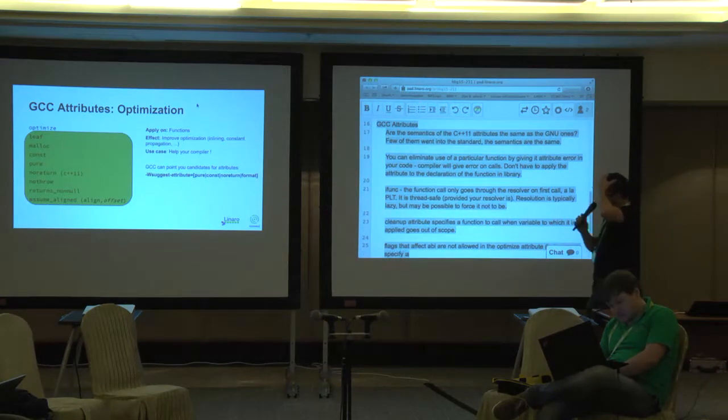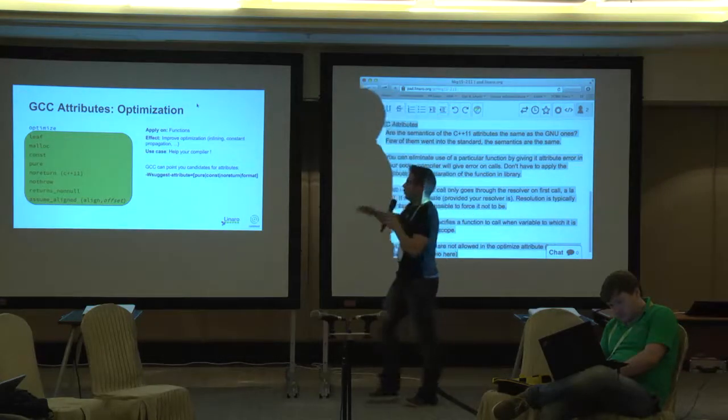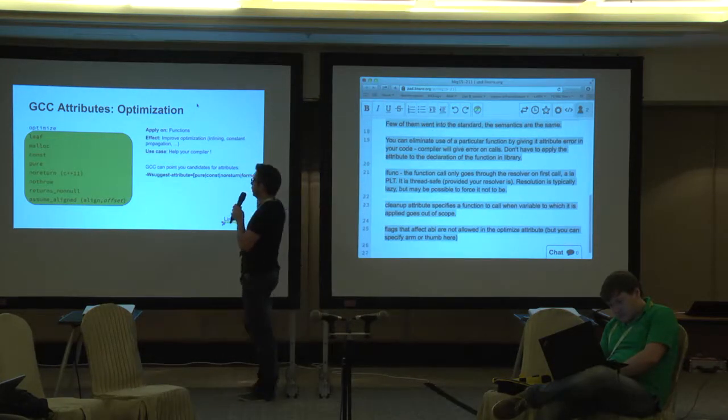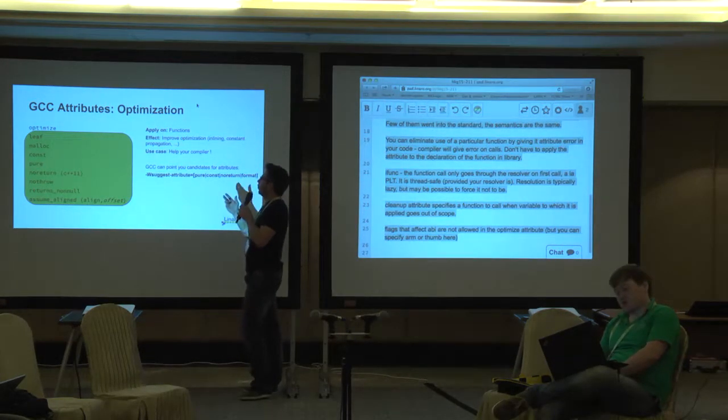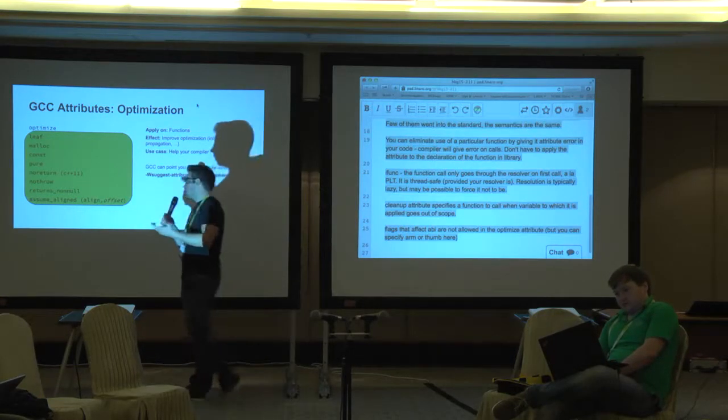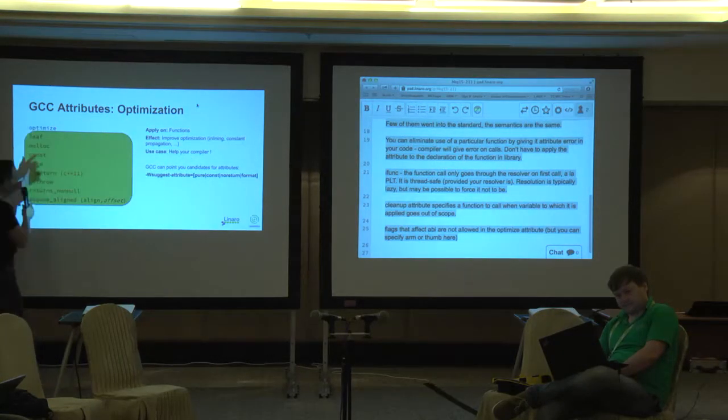All of these are to improve the optimization. It is not an optimization flag. It is just that you give information to your compiler that this particular function has this property. This function is a constant one. This one is pure.